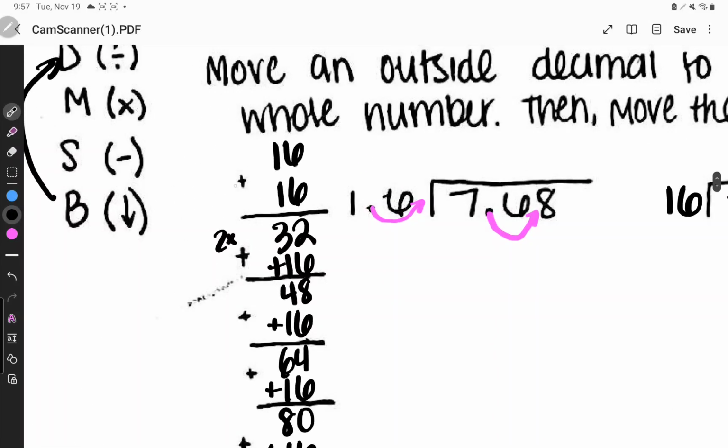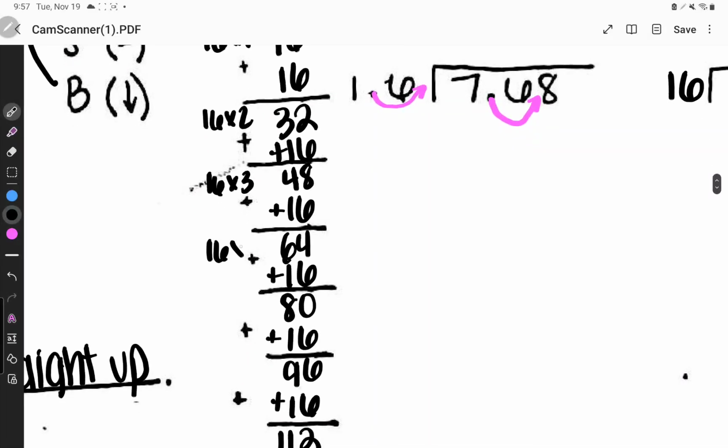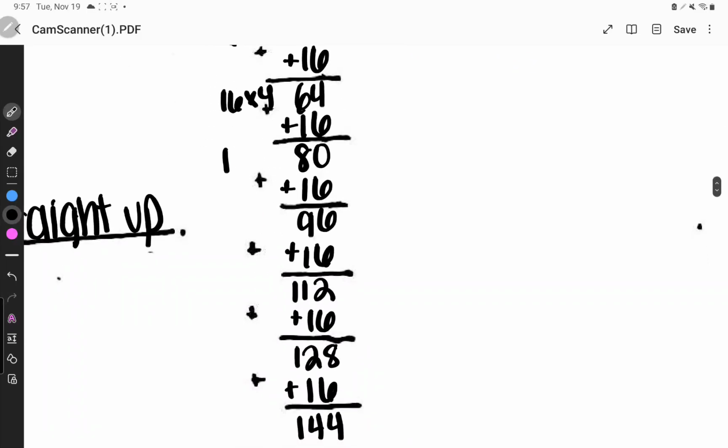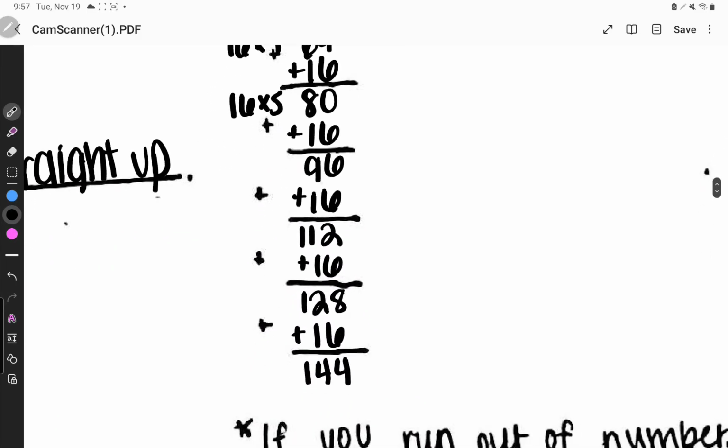Actually, I'm going to fully write that out so it makes a little bit more sense. 16 times 1, 16 times 2, times 3, times 4, times 5.